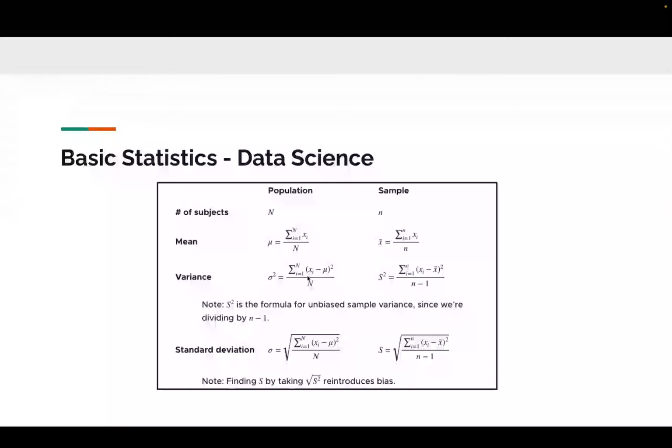Then for the variance, you estimate your mean and take how far each data point is from the mean, do the square, do the sum, and then divide. As I said, the standard deviation is just the square root of the variance. So that's all for this part of the presentation.